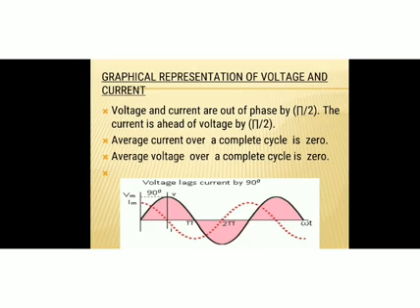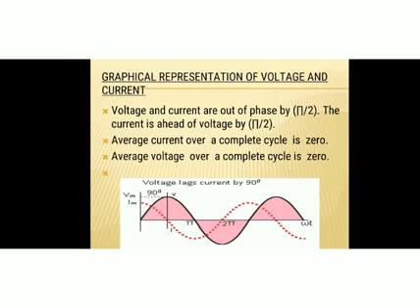Now, just look at the graphical representation of voltage and current. So we had already studied that current leads the voltage by a phase angle of pi by 2. So current reaches the maximum value first, then becomes 0, then again reaches the maximum value. Voltage reaches the maximum value only after a phase angle of pi by 2.